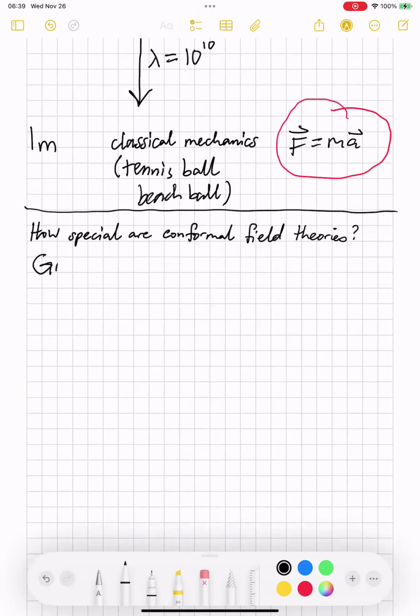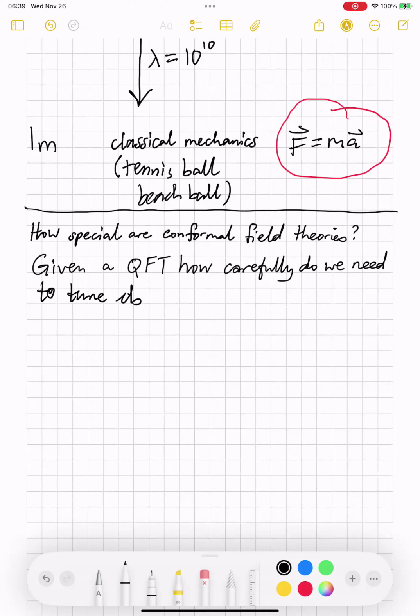Let's say, given a general quantum field theory, how carefully do we need to tune its parameters to get a conformal field theory?